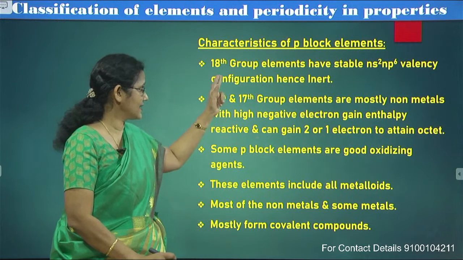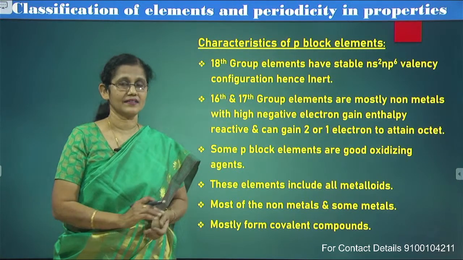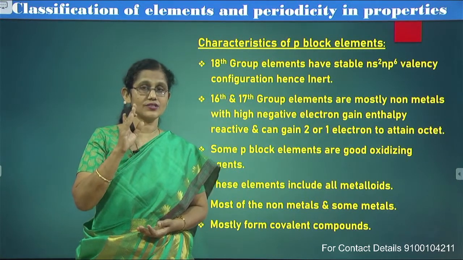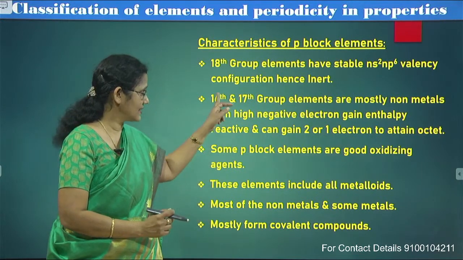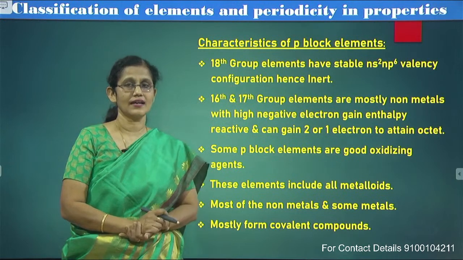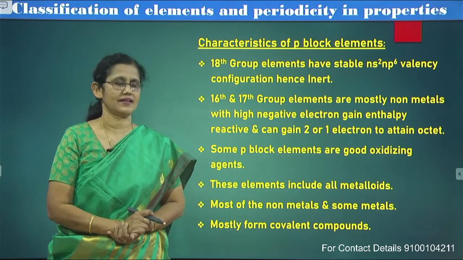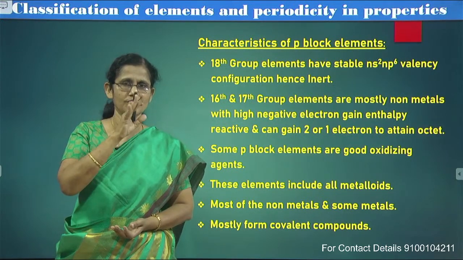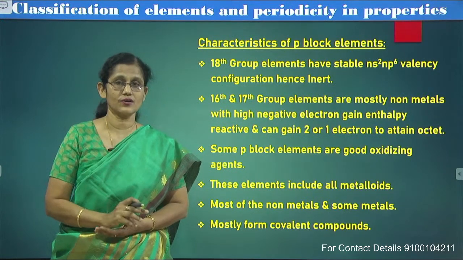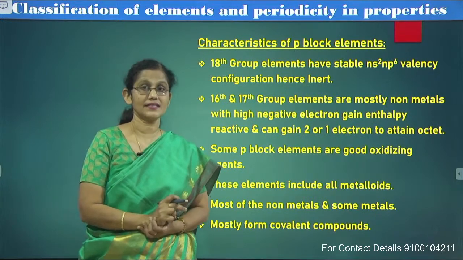If I take the 18th group, just now we discussed, they have a stable ns2 np6 valency configuration. So, they cannot readily take part in reactions, hence they are called inert gases, right. The inert gases are rarely found in air, hence they are called rare gases. See this point?